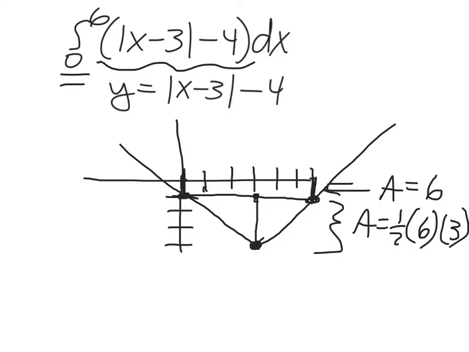Going from -1 down to -4, we get a height of 3, and we end up with area of the triangle part as 9. So the total area we get is 15. What was the value of our definite integral?